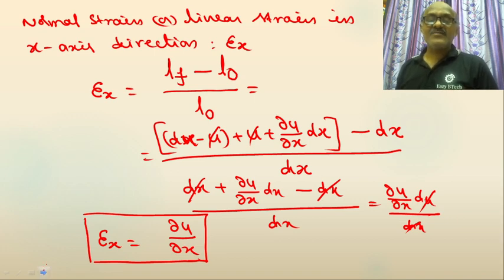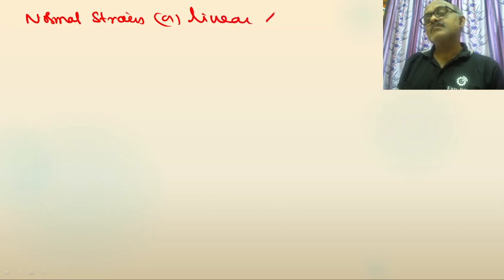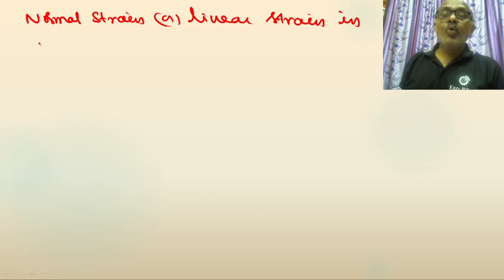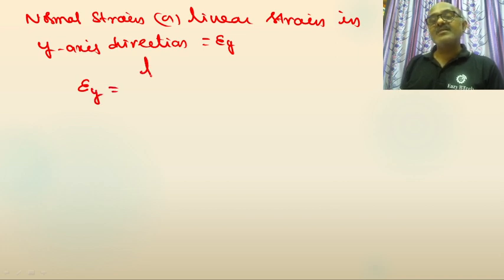In a similar fashion, my dear students, the normal strain or linear strain in the y-axis direction is given by epsilon y. Similarly, the final length of the line element.